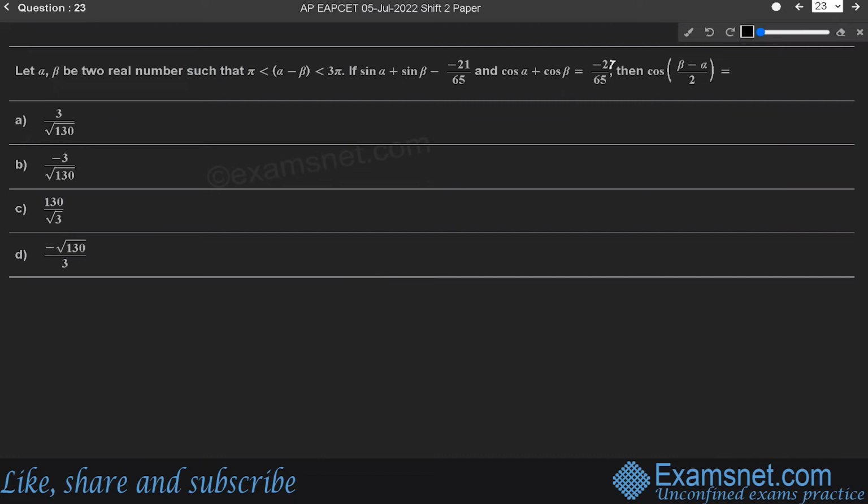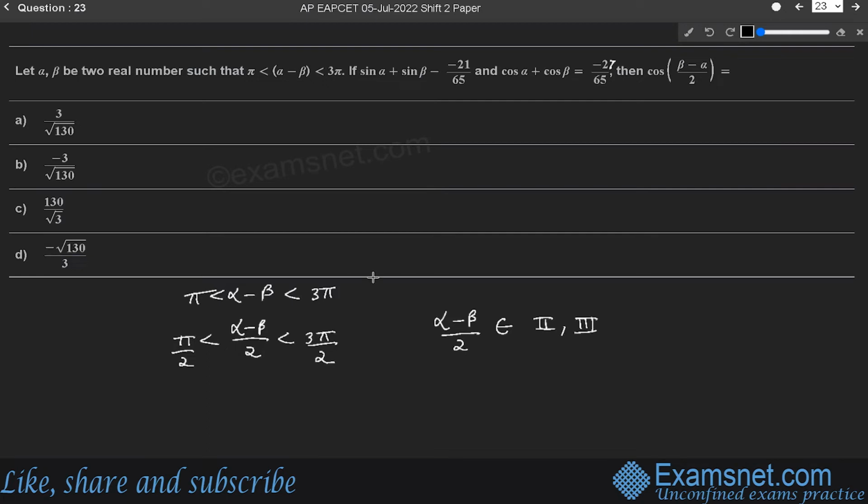We know that alpha minus beta lies between pi and 3 pi. Therefore, alpha minus beta by 2 will lie between pi by 2 and 3 pi by 2. So we can say that alpha minus beta by 2 belongs to second and third quadrant. And we know that in second and third quadrant, cos is negative.